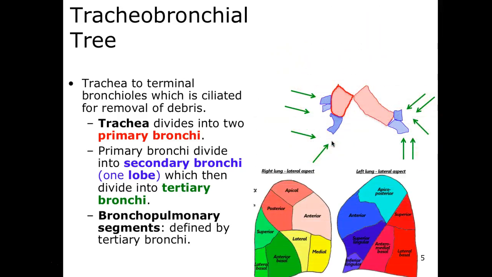So what I mean by bronchopulmonary segments is that your lung is divided into different areas based on where we have a tertiary bronchi entering in. So I have a separate tertiary bronchi for this anterior region, one for this posterior region, one for this superior region, and so forth.